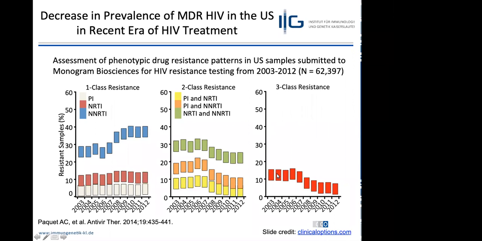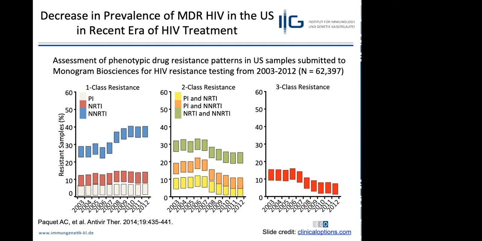So especially multi-drug resistant viruses aren't seen so often and are now really rare cases in the virology lab. Before it was more often, and for some patients we weren't able to provide any information or to provide one treatment regimen that might be beneficial.